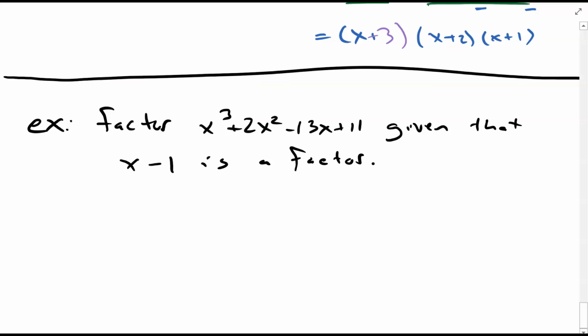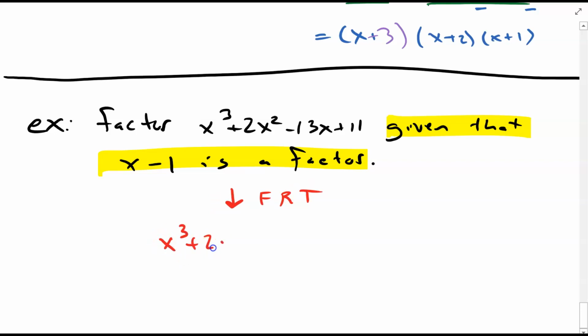So I'm going to use this as my key. Since I know that x minus 1 is a factor, I know that I can use the factor remainder theorem and divide my polynomial by that factor.